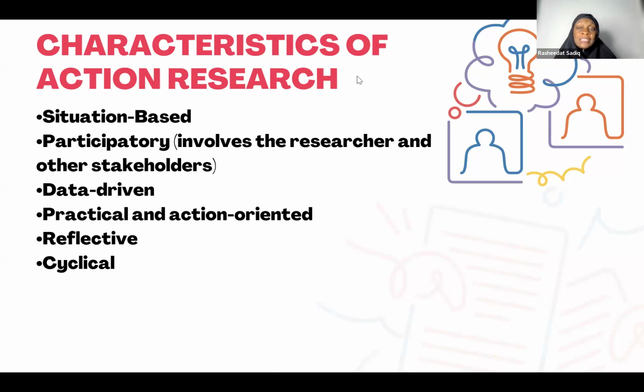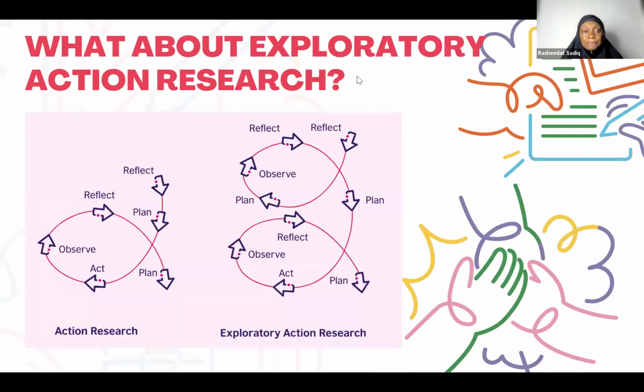She didn't bother to get any data, but the lady that asked the students and asked her colleague, she got data. It's practical and action-oriented. It's reflective. You have to keep on reflecting on what you're doing, and it's cyclical. So for the lady that decided to change the type of videos she gives, she still needs to keep on observing the class to see, okay, is it actually getting better, and how much better is it getting?